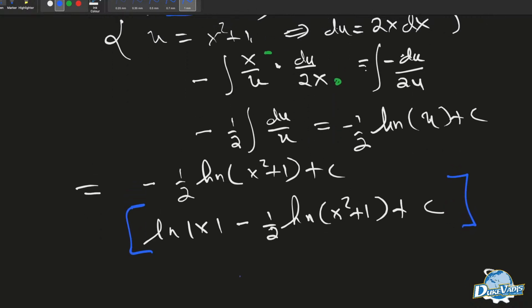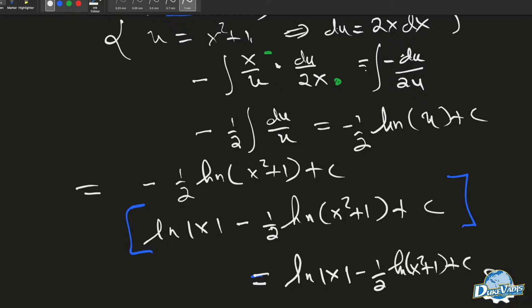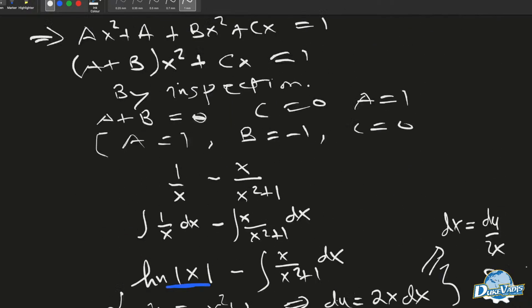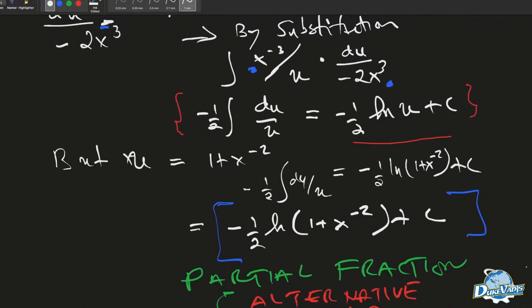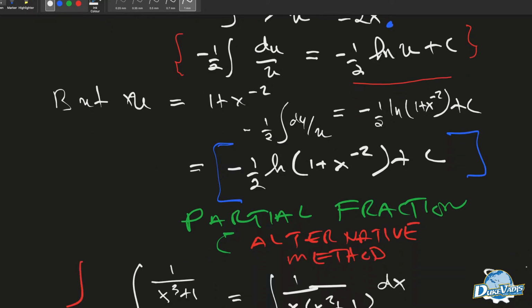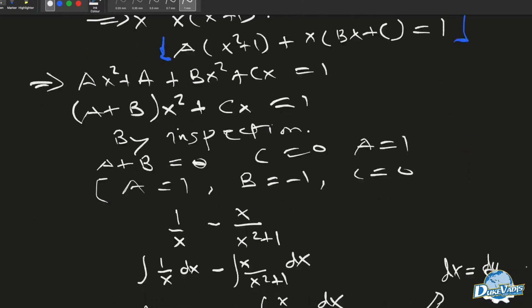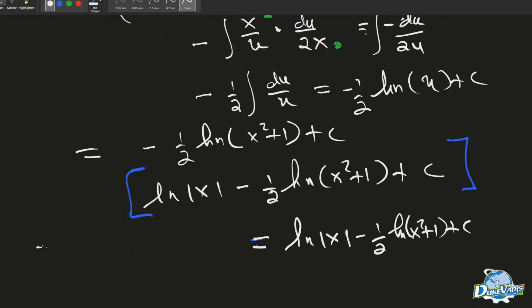On our right hand side, we have natural log of x minus half natural log of x squared plus 1 plus C, which should be equal to the other result, which is minus natural log of 1 plus x to the power negative 2.